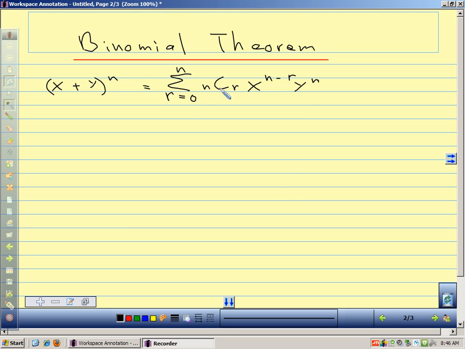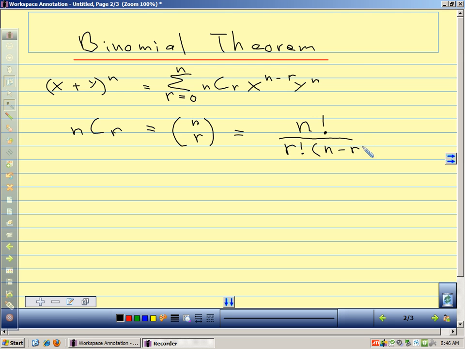Now this symbol, nCr, you'll also see it written with brackets. And what it means is n factorial over r factorial times n minus r factorial.